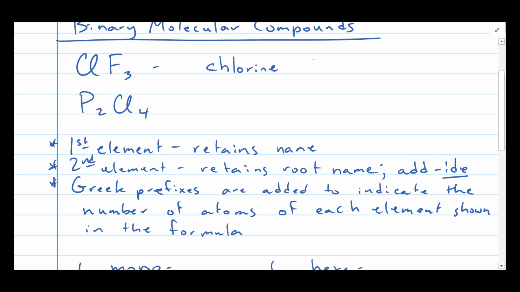So if we want to name this first one, it is going to be called chlorine. Oh, and by the way, the prefix mono, and this might be what you were asking about, is usually left off, except in carbon monoxide. So the prefix mono is left off of this one, but this would be chlorine trifluoride. Good. Chlorine trifluoride.